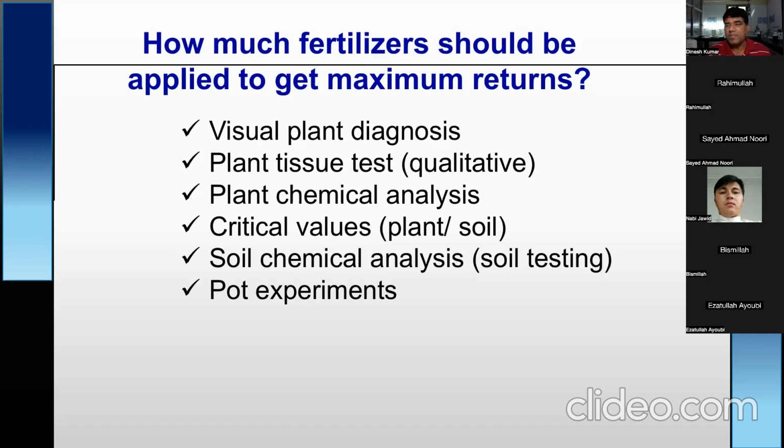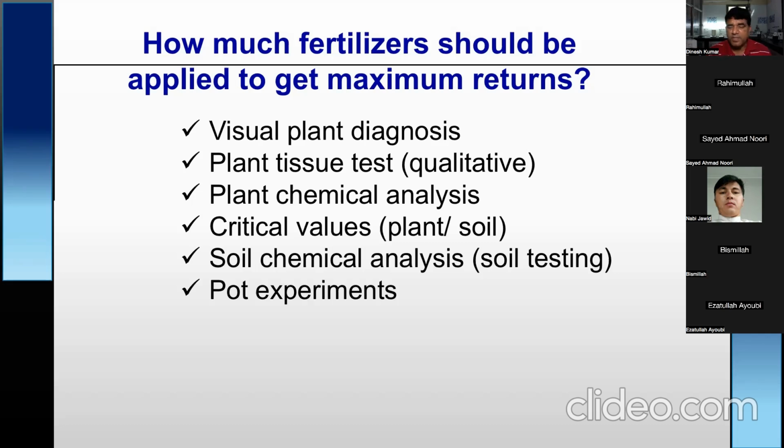So a soil which has a good quantity of nutrients may not necessarily supply a good quantity of nutrients to the plants, to the crops. Hence, we should know the nutrient supplying capacity of the soil. Then based upon that, we can apply the nutrients.